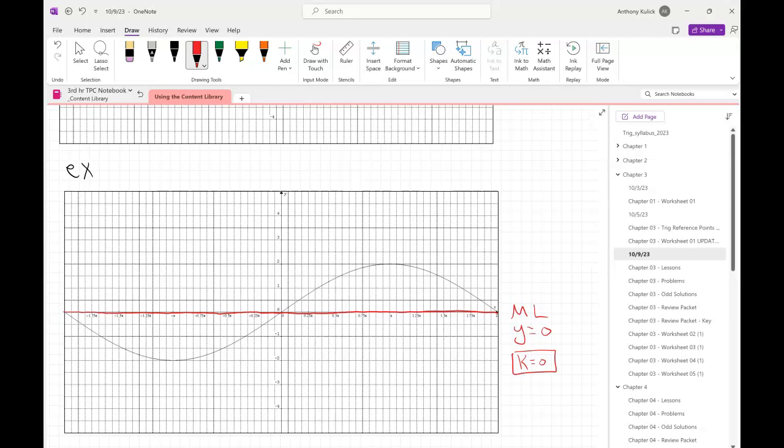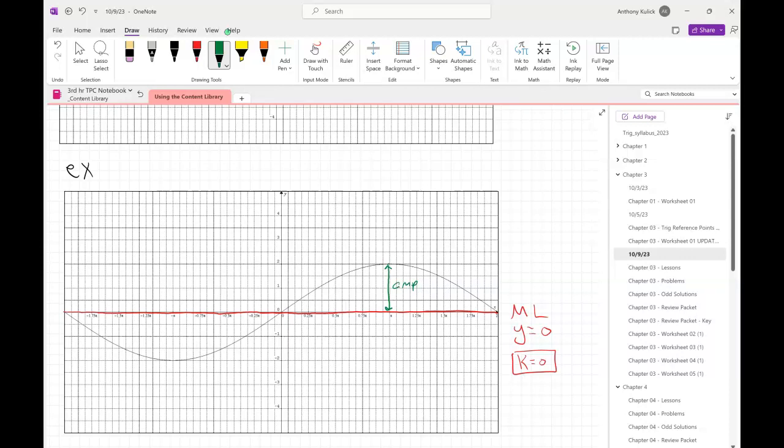We just got one of them down, right? Midline is k, y equals k. So if the midline's y equals 0, the x-axis, then k just has to be 0. Right? Let's do the amplitude now. That looks like the maximum right there.